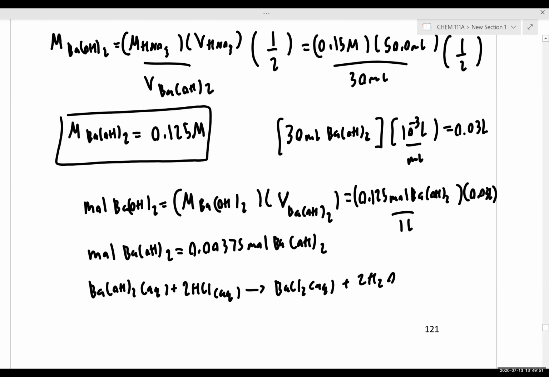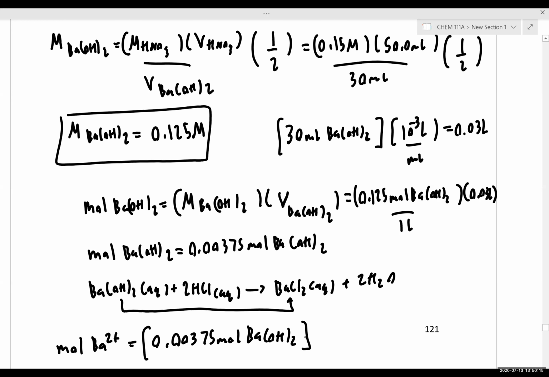We know that at the end of our reaction, all of our barium hydroxide will convert to barium nitrate, which will dissociate to barium. So the moles of barium 2+ produced are equal to our moles of barium hydroxide.